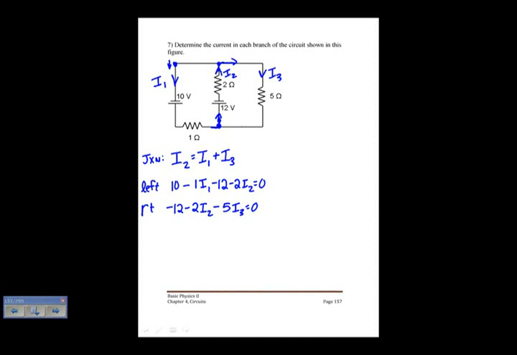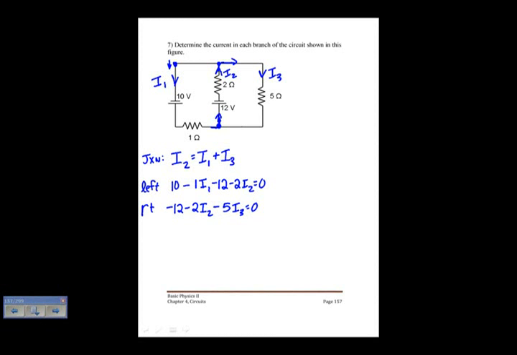I want to solve these equations for I1, I2, and I3. So 3 equations and 3 unknowns, so those are solvable. I'm going to solve the bottom 2 equations for I1 and I3, and that will give me I1 and I3 in terms of I2, and then I can plug that back into the top equation and have nothing but I2s.